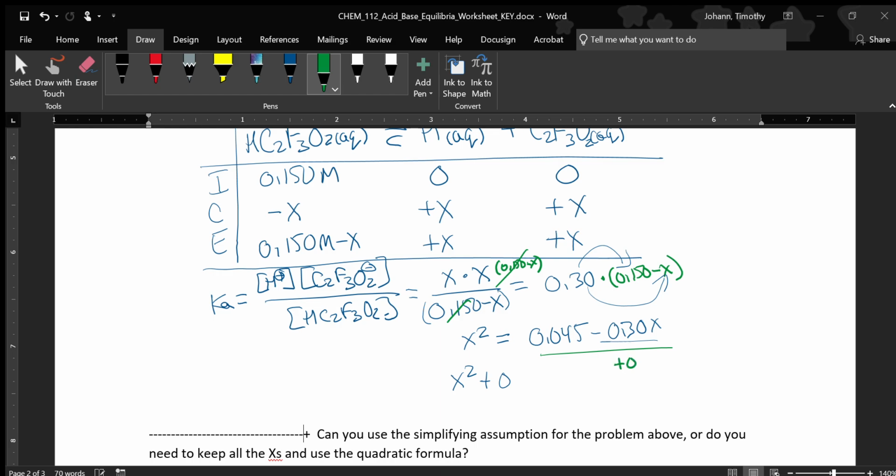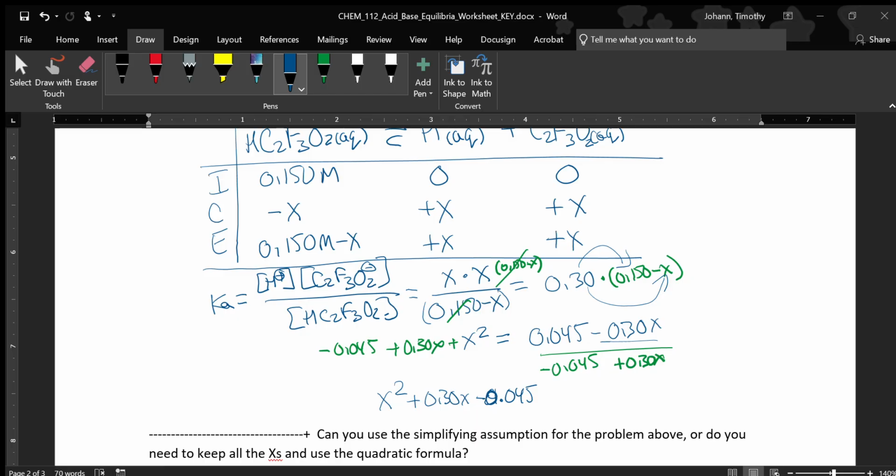So I'm going to add plus 0.30x, and minus 0.045. And so what I get out of that, if I rearrange it just a little bit, is x squared plus 0.30x minus 0.045.